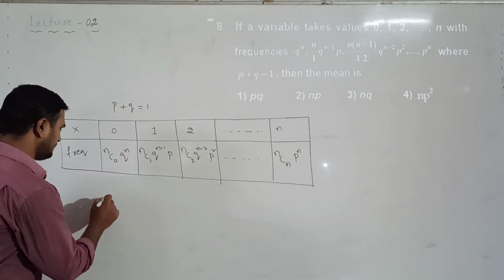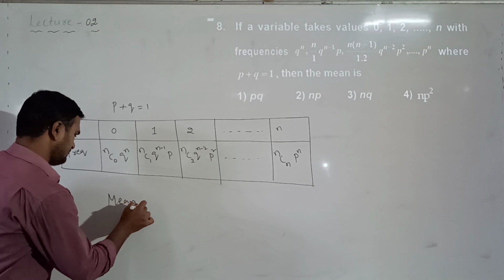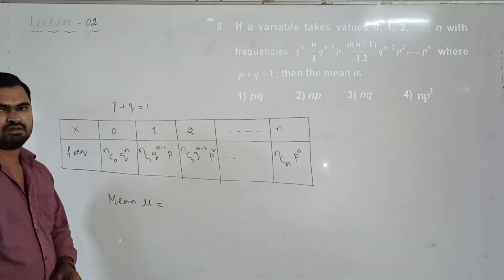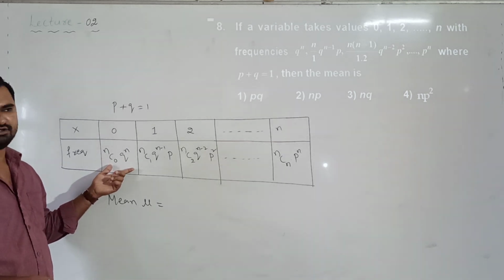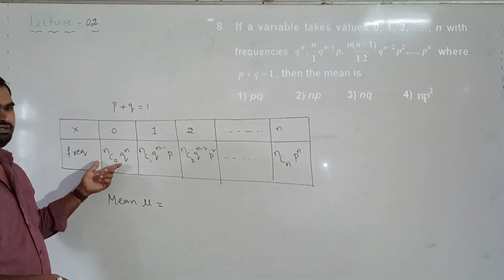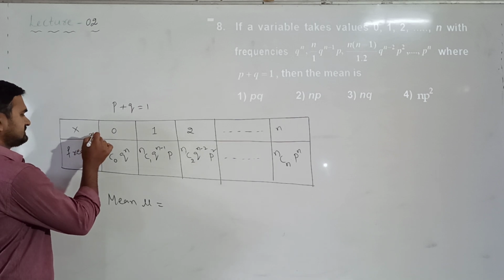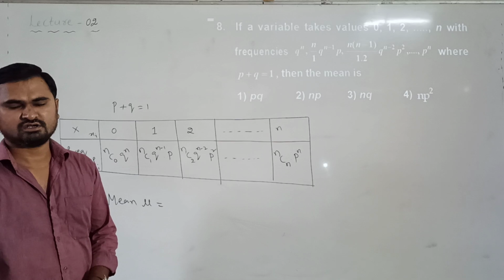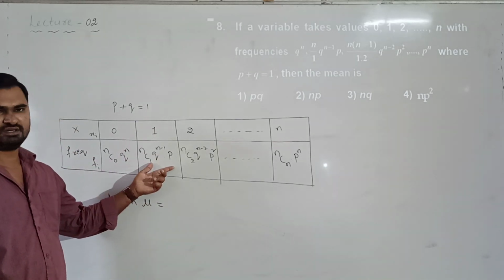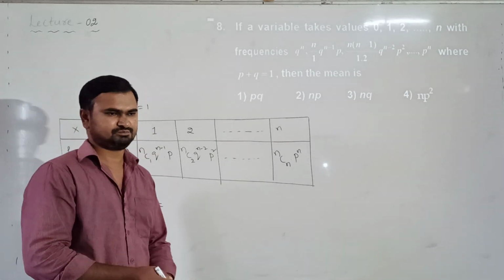What is the mean? Here we are given grouped data, so you have to find sigma xi into fi divided by sigma fi, since observations and their corresponding frequencies are given.